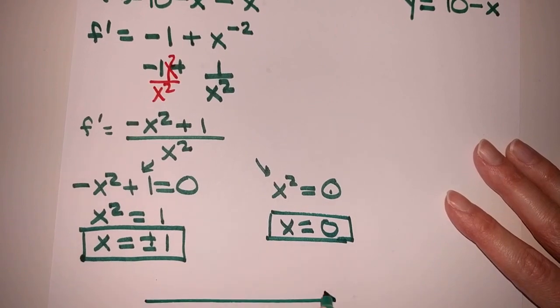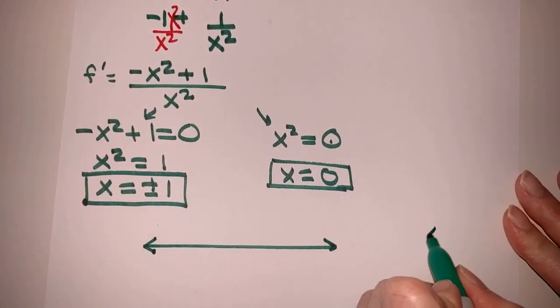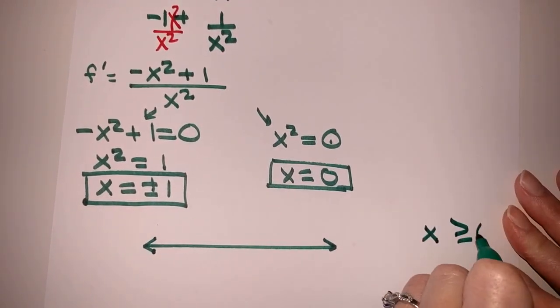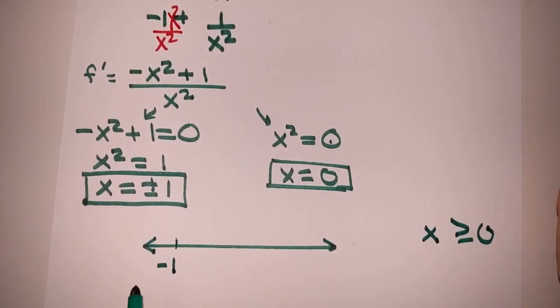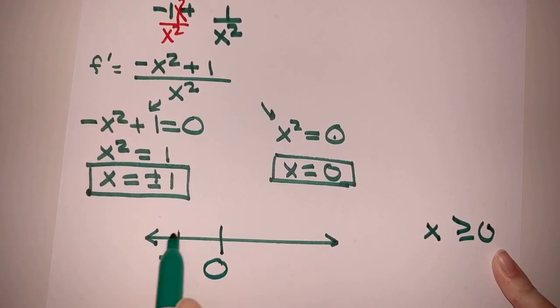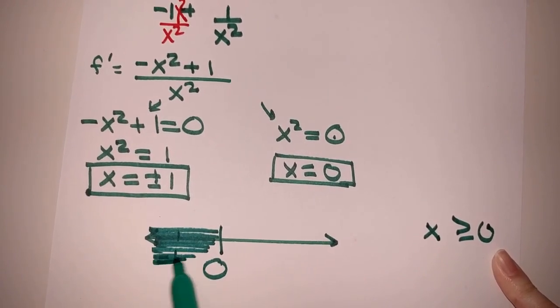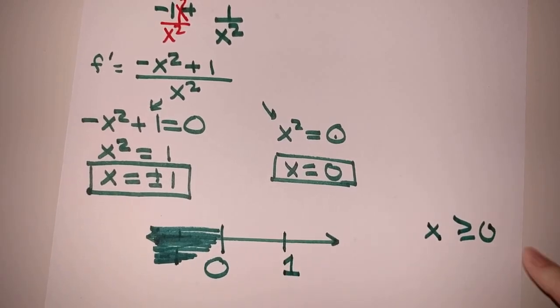Now, with the first derivative test, we draw our number line. Do keep in mind that the assumption in this problem is that x is greater than or equal to 0. So the fact that we get a negative 1 is completely irrelevant for us because x has to be greater than or equal to 0. So our number line is going to start at 0, and that means that our only critical number of interest here is going to be 1.